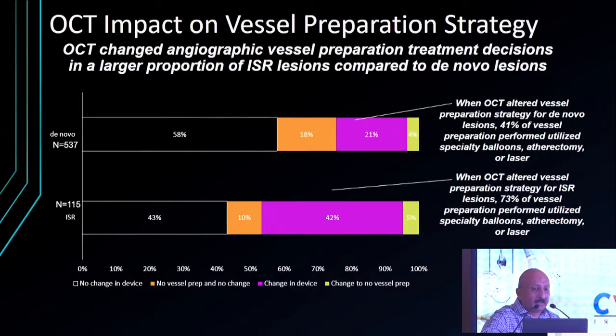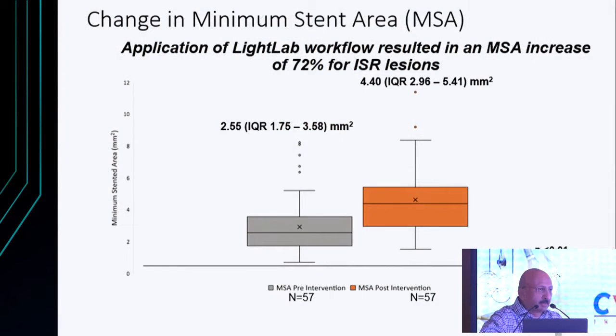As you will see here, the treatment strategy changed in about 41% of patients in terms of vessel preparation, use of a particular balloon like a cutting balloon, atherectomy or laser. And once the OCT was done post, it showed a betterment of the results after doing some alteration in the technique after the stent implantation or DEB.